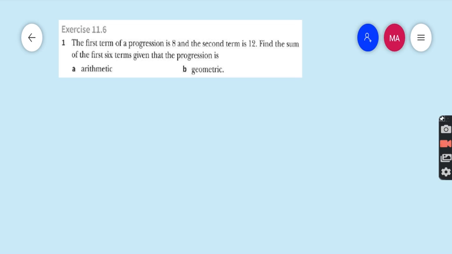So we call the first term T1, which is 8, and the second term T2 is 12. Find the sum of the first 6 terms. First 6 terms means S6, given that the progression is, part A, arithmetic.